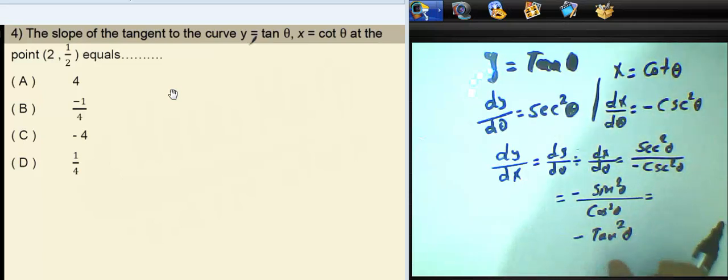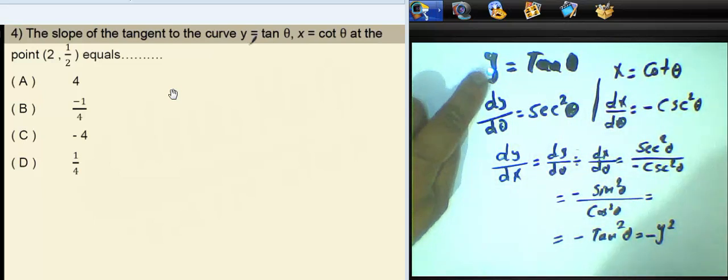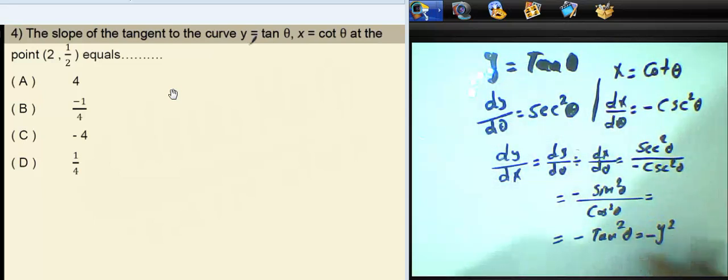He asked about what? The slope. Look here, negative tan squared theta, what is it? It's y squared, because y equals tan theta. Write y squared with a negative outside here.